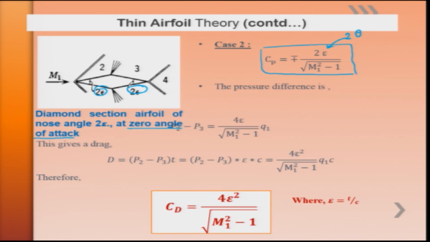Hence, I can write down the drag finally using P2 minus P3, again with the same logic over the upper surface, as (P2 minus P3) times t, and this t I can replace using epsilon into c, where epsilon is the angle, and hence I can deduce this drag equation as 4 epsilon square upon square root of M1 square minus 1.